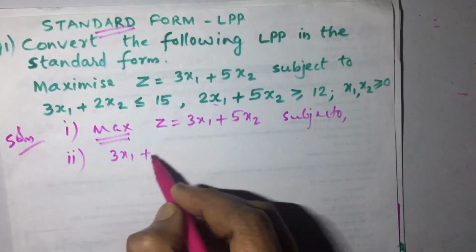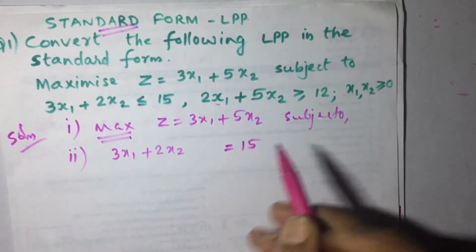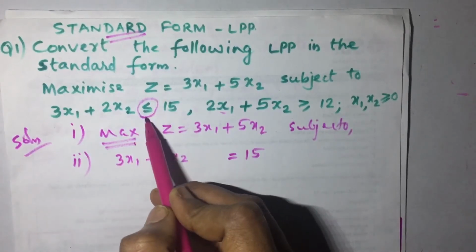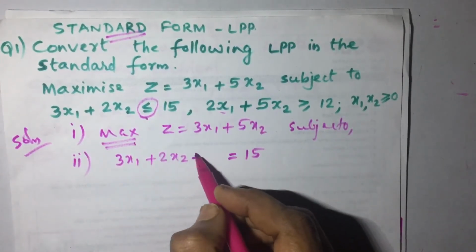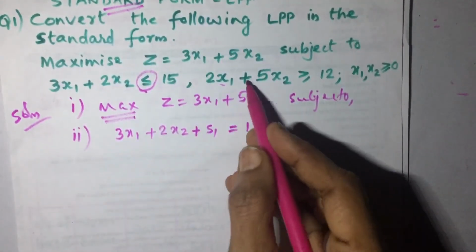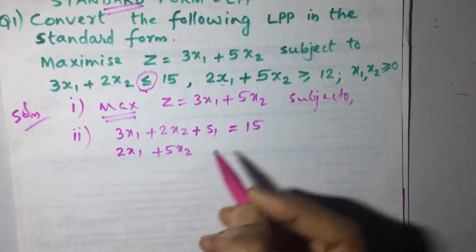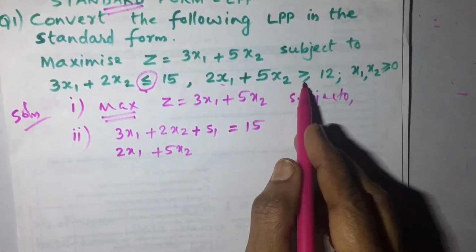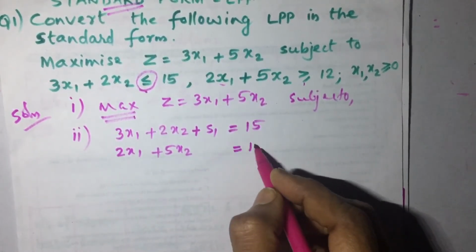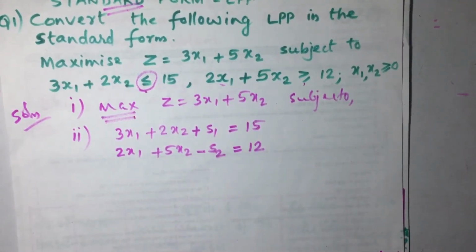So 3x1 plus 2x2, I have to write equal to 15; this is less than or equal to, so I will write plus s1. The second one is 2x1 plus 5x2, which is greater than or equal to 12. I have to write this equal to 12, so I will write minus s2.